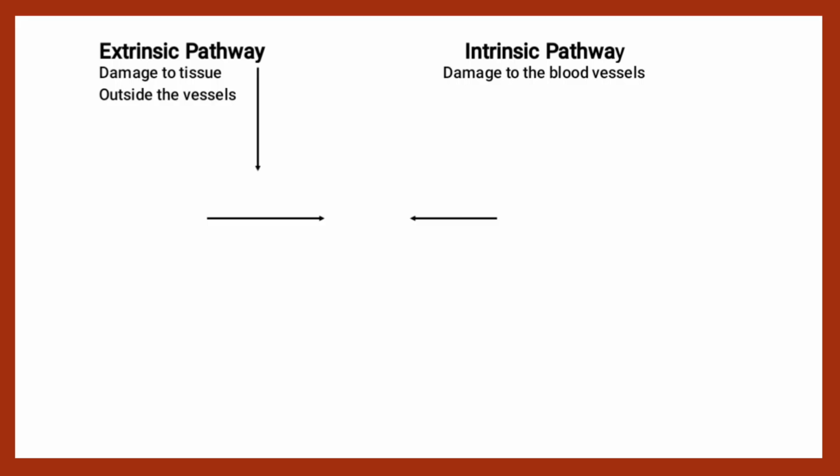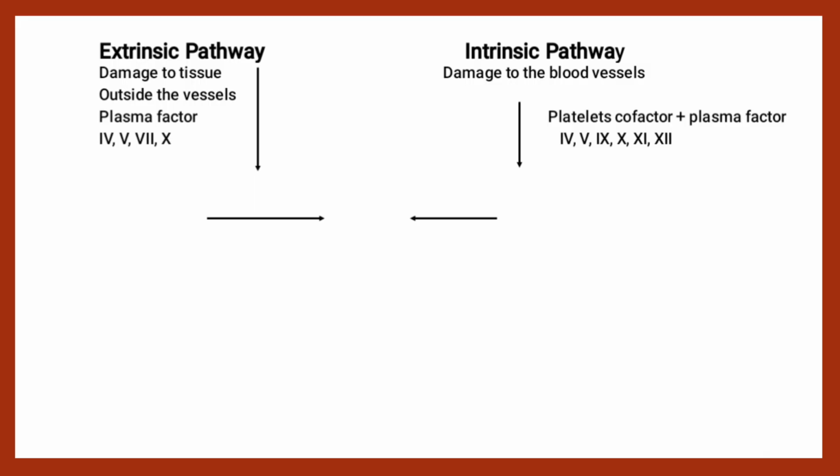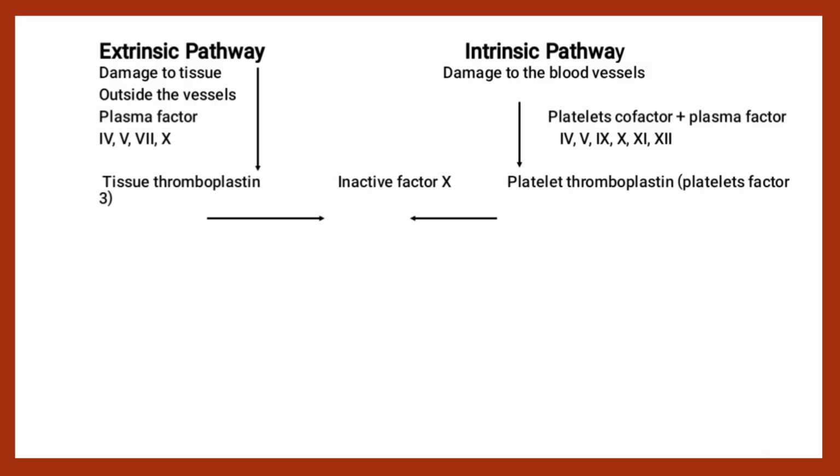Whenever there is damage to blood vessels, that is going to activate some clotting factors. As far as the extrinsic pathway is concerned, it activates factors 4, 5, 7, 10. The intrinsic pathway involves the additional factors 11 and 12. So there is activation of tissue thromboplastin in the extrinsic pathway, and platelet thromboplastin in the intrinsic pathway.